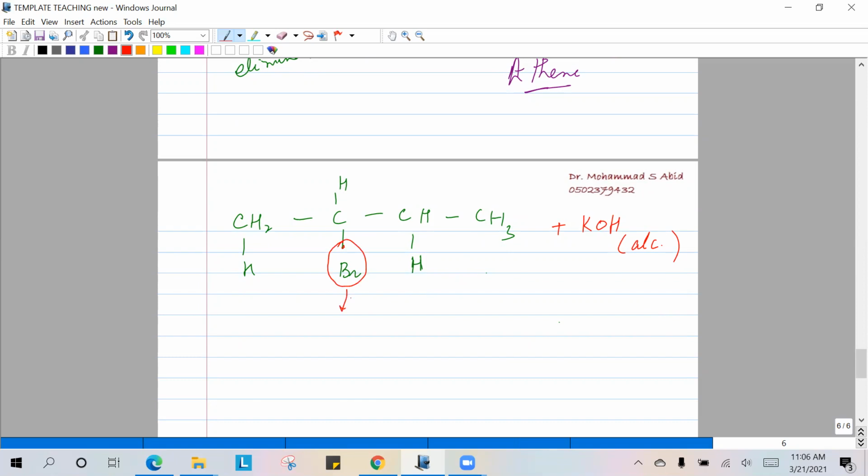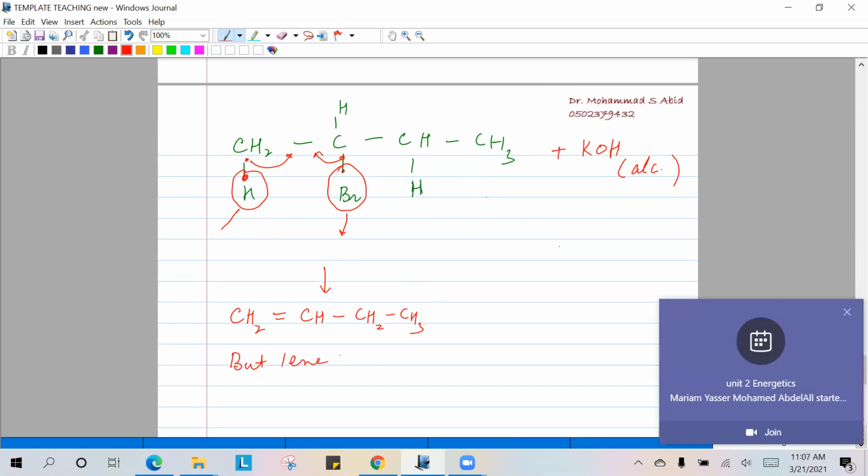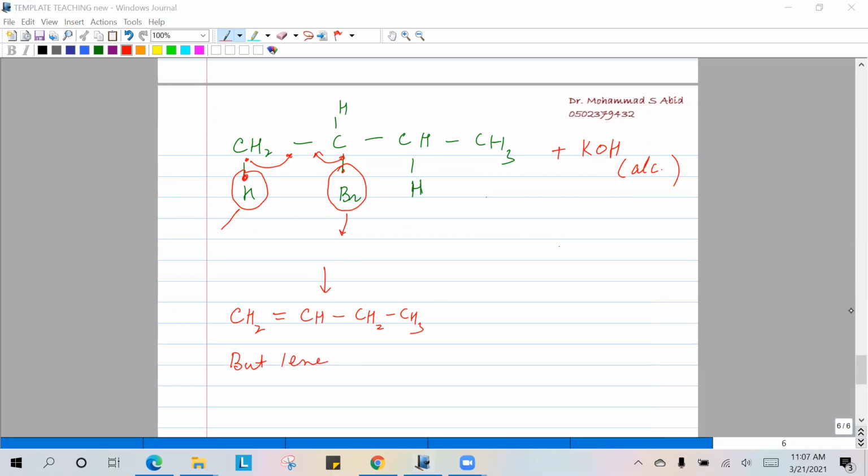Now, if this H takes away its electron, these electrons will come over here. Remember, this is not the mechanism. So you will get the product as CH2=CH-CH2-CH3. So you will end up with but-1-ene as the major substance.